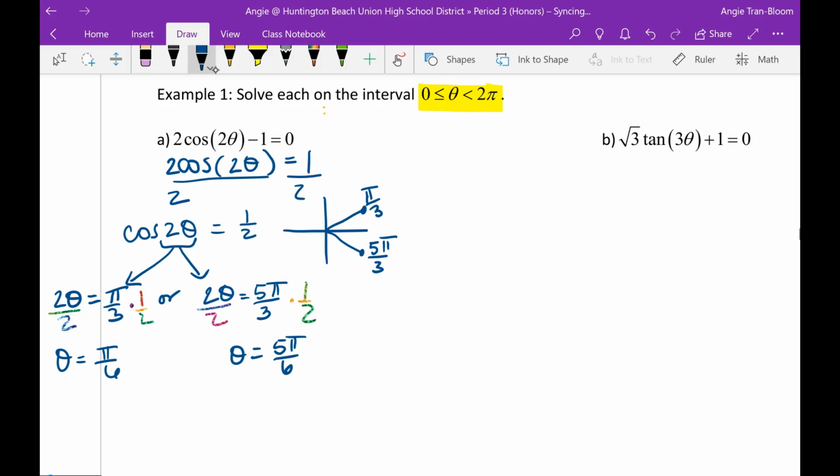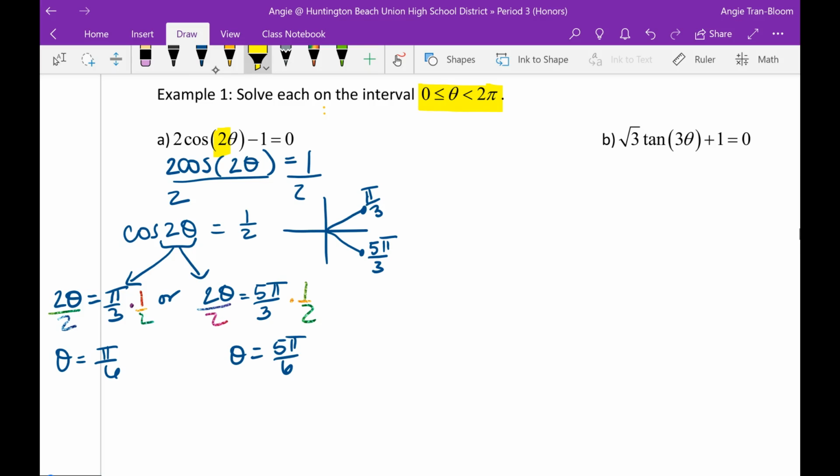Do you think that's the end? No. Someone tell me why no. I got theta equals pi over 6, theta equals 5 pi over 6. Is that the end? Do you think this number right here does anything?